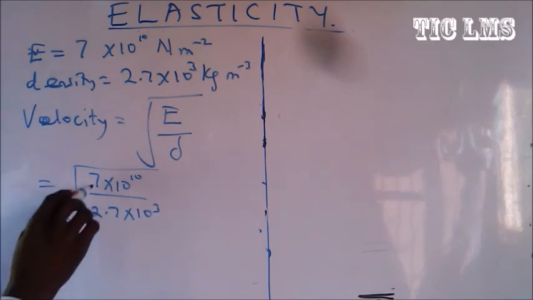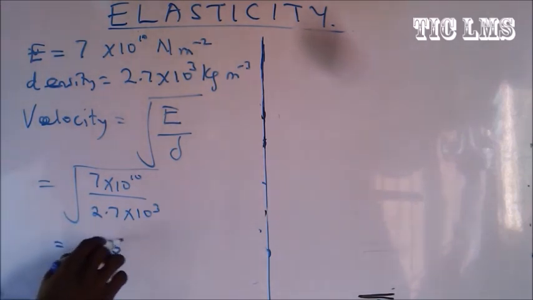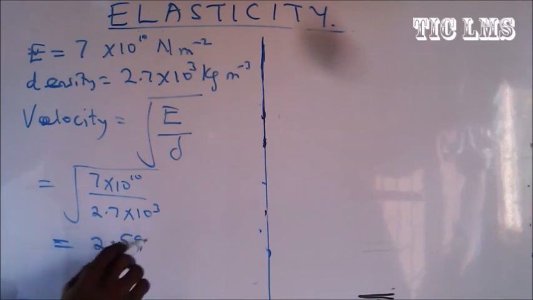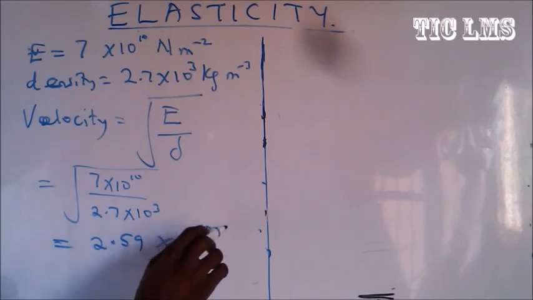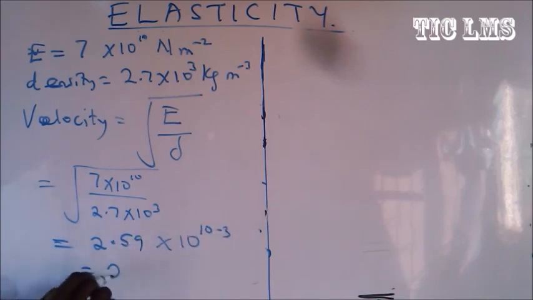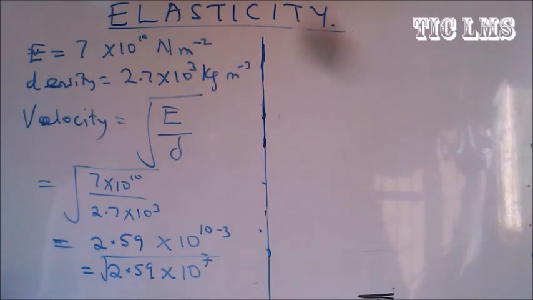So 7 divided by 2.7, that gives 2.59. Then times 10. Now this raised power 3 moves up to become 10 minus 3. And so we have 2.59 times 10 raised power 7. Don't forget, we still have our square roots outside.